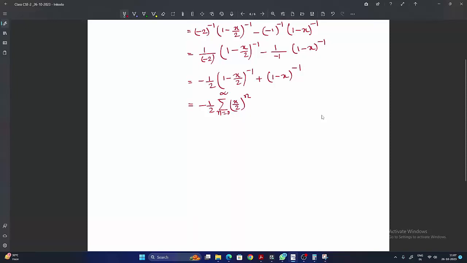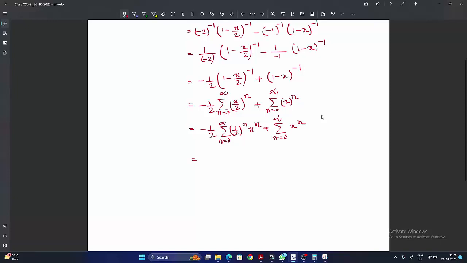That means first term is 1, second term is x by 2, then x by 2 square, then x by 2 cube, and then plus here you will get the sum over n equals 0 to infinity of only x to the power n. So now you can take minus 1 by 2, sum over n equals 0 to infinity 1 by 2 to the power n into x to the power n, plus sum over n equals 0 to infinity x to the power n.